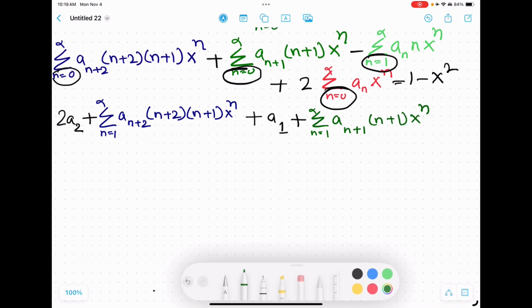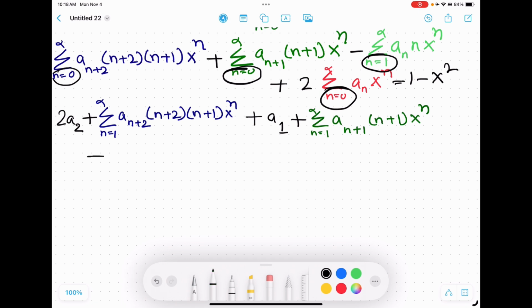And then minus, again, I don't have to write any terms separately for my third one because it's already starting from 1, okay? So summation n equal to 1 to infinity a sub n times x to the power n. And then I have my plus. So for my fourth power series, I have to write my n equal to 0 term separately since it starts from 0, and I want to be able to start it from 1.